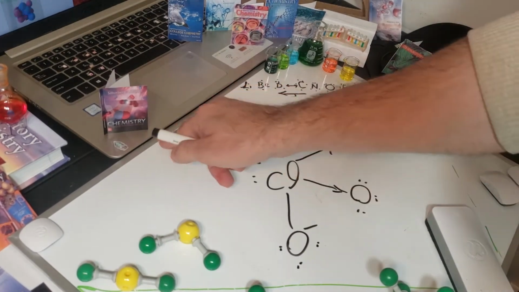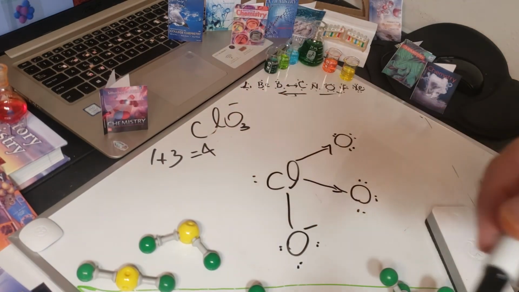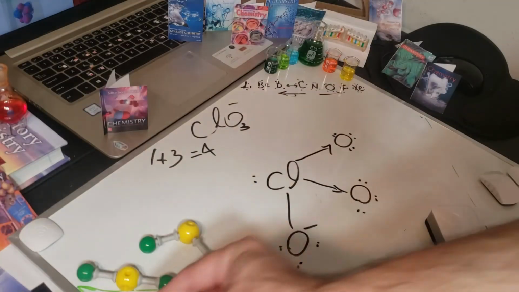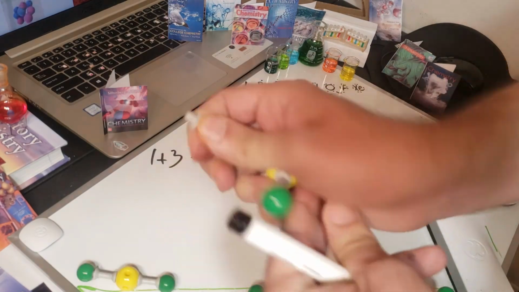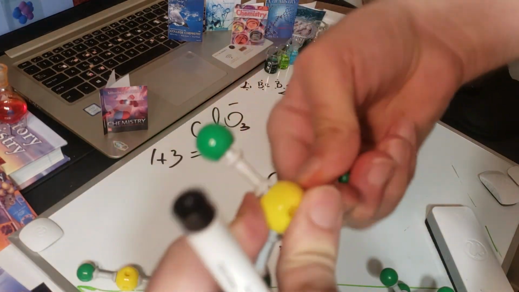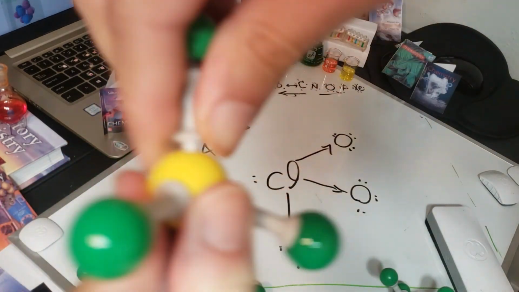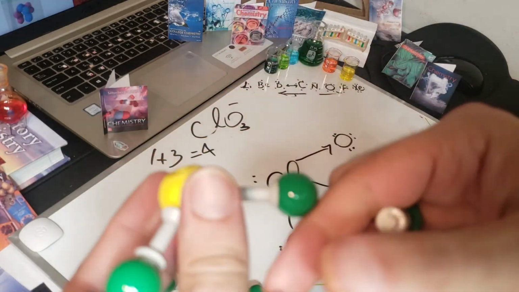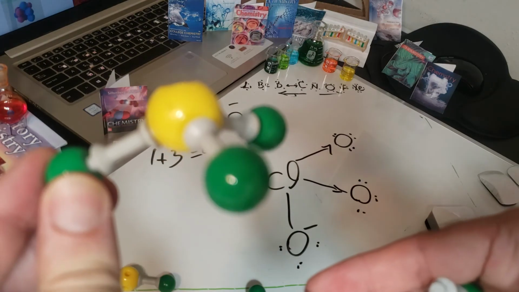Now you have one lone pair, three surrounding atoms, again four, a tetrahedral framework. If you have a tetrahedral framework with one lone pair, you have to detach one of these elements to make way for the lone pair, and that gives you a pyramidal geometry, just like this that you could see.